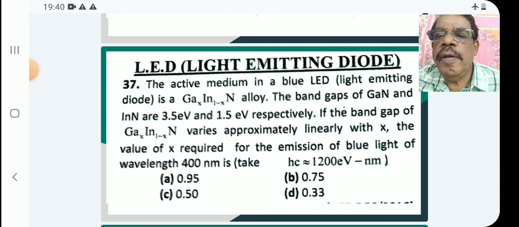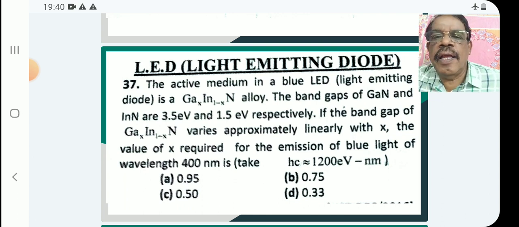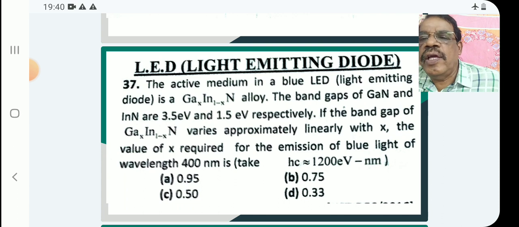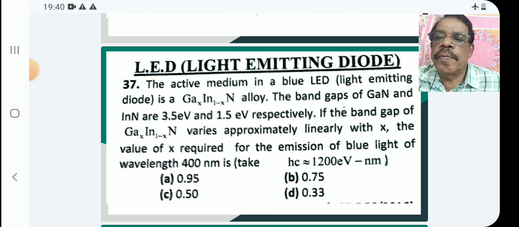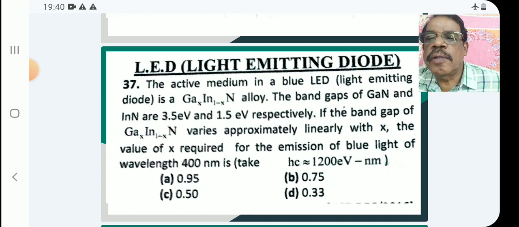The active medium in a blue LED, light emitting diode, is a gallium indium nitride alloy, GaInN.